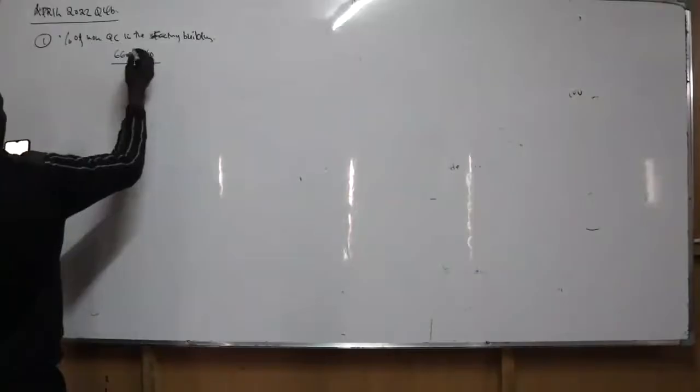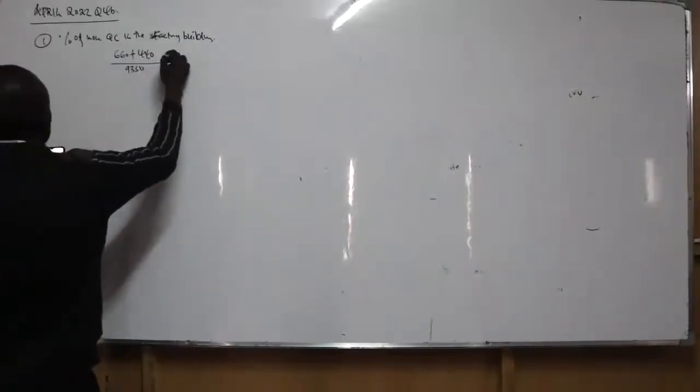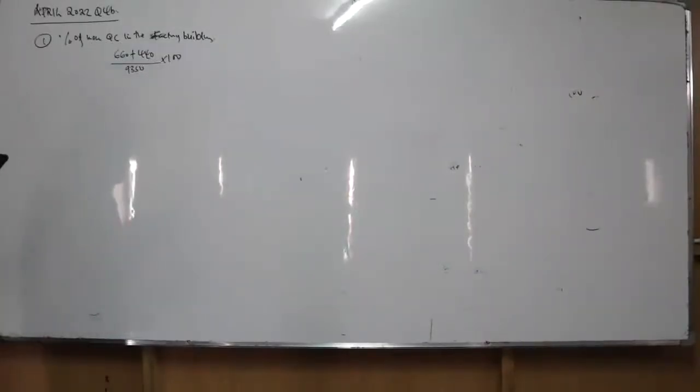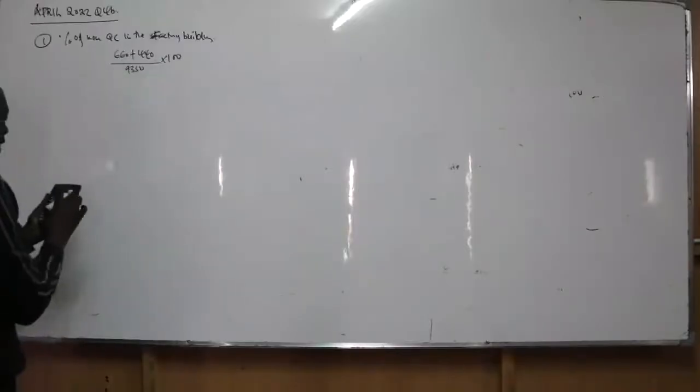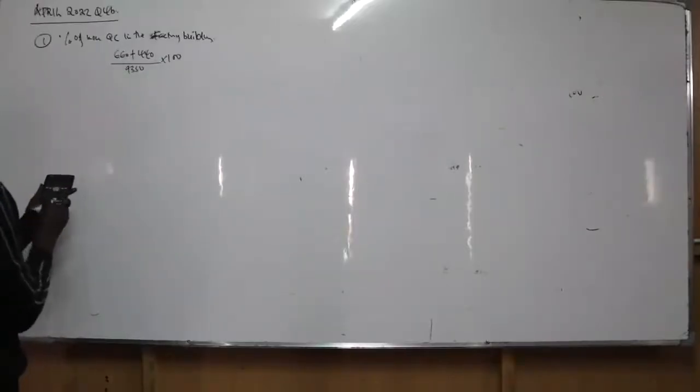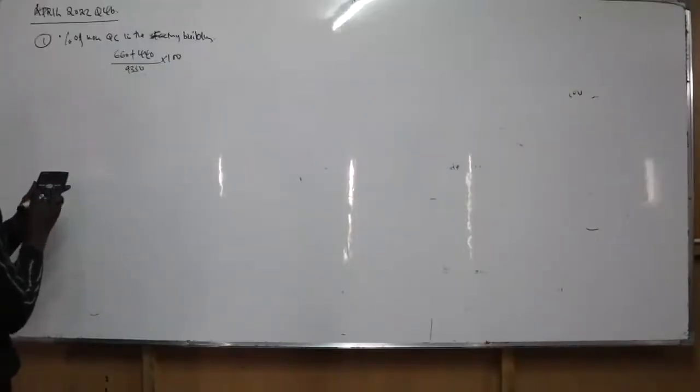Then you multiply by 100. So 660 plus 440, you divide by 9350, and then you multiply by 100.